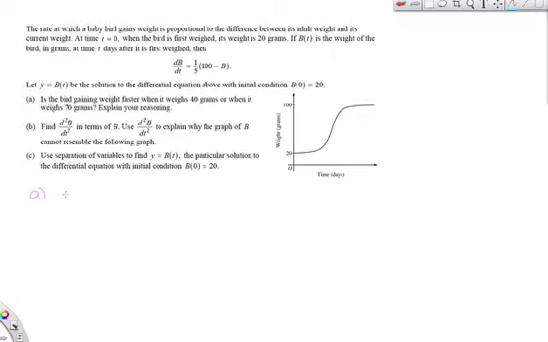dB/dt equals 1/5 (100 minus B), evaluated at 40, is simply going to be 60 divided by 5, which is 12 grams per day.